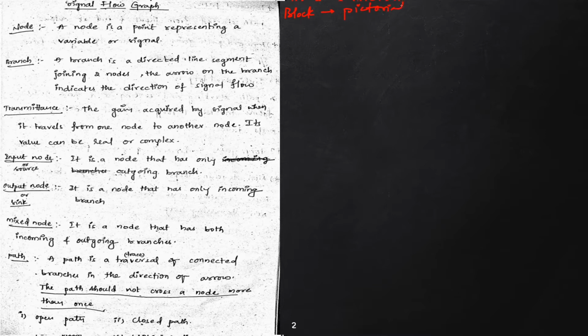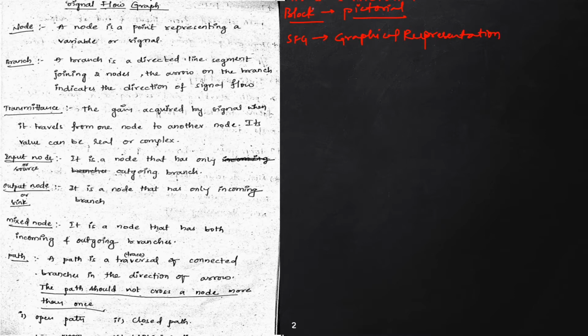Pictorial in the sense we make use of rectangular boxes and we indicate the open loop gain of the system in those rectangular boxes, and we call it a total system representation in terms of blocks, which is called a pictorial representation. Coming to SFG, that is signal flow graph, it is a graphical representation.